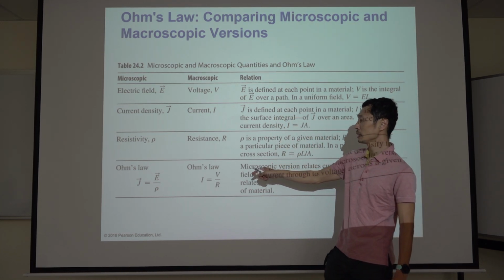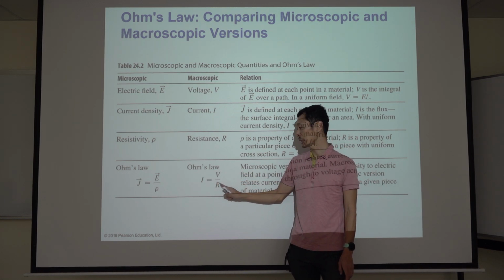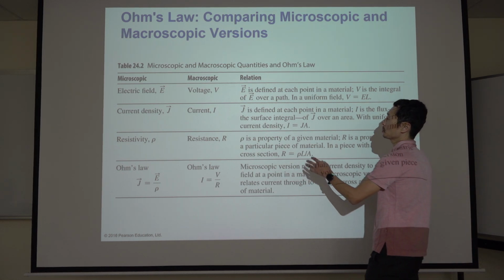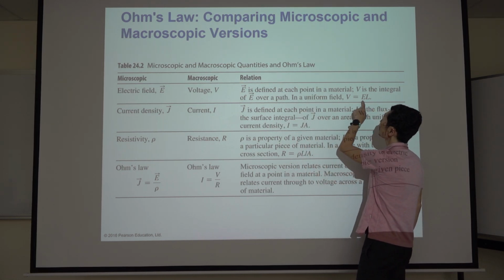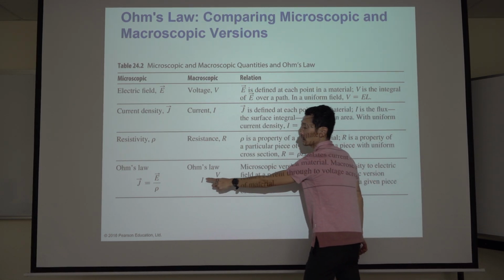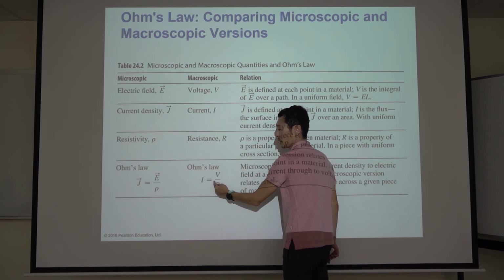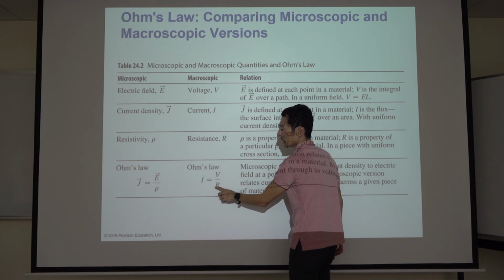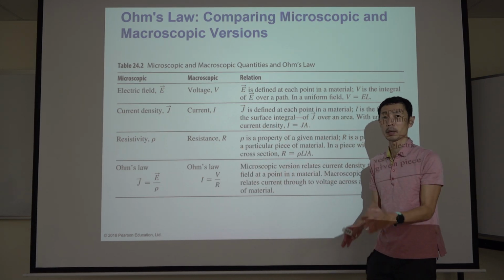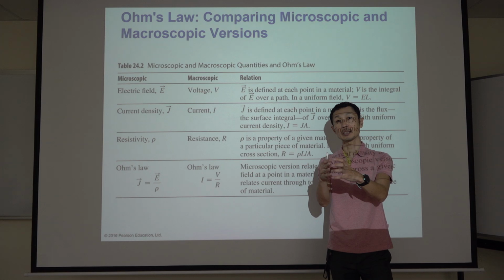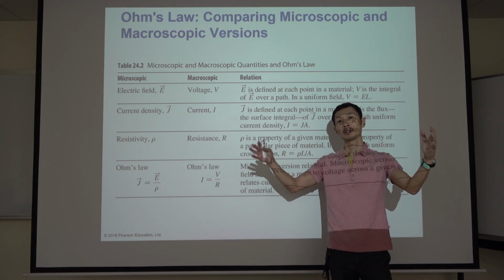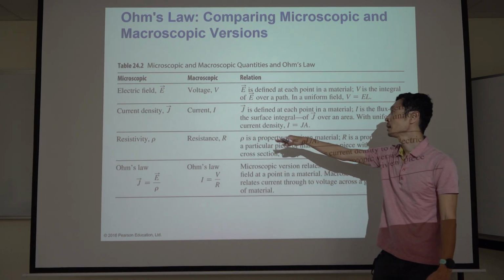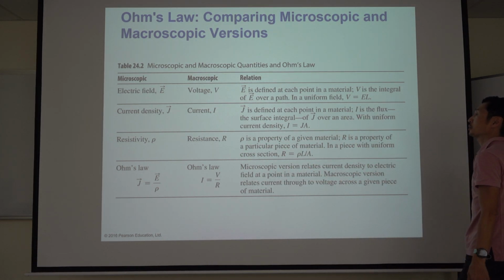Macroscopic Ohm's law: current is voltage divided by resistance. If you put these relations in here, then it becomes this. Or the other way around, if you put these three relations here. So this is macroscopic, looking at the material as a whole. Those are the same thing, the same Ohm's law.